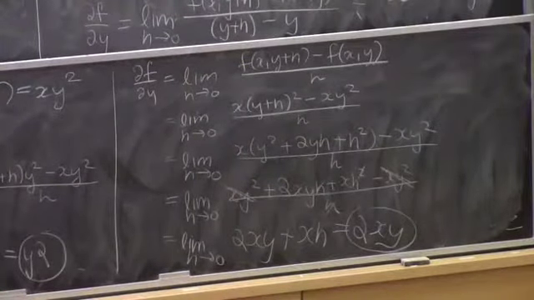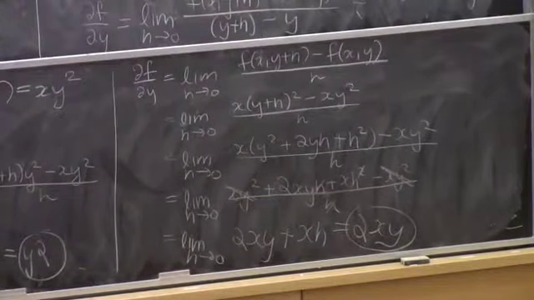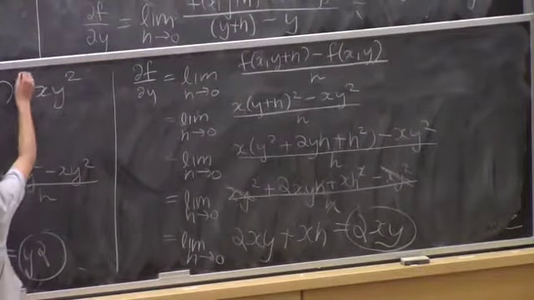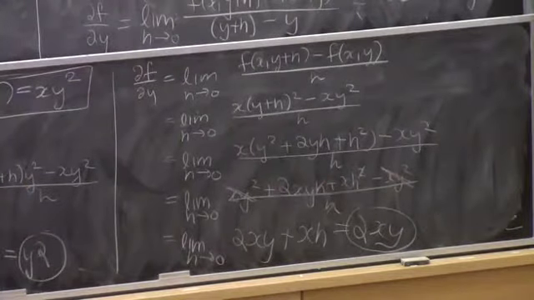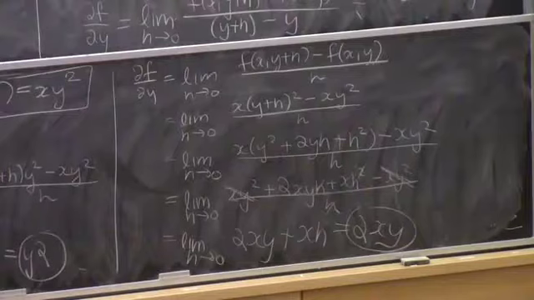Okay, so what are these guys measuring? These guys are measuring the rates of change of this function in two different directions, in the x direction and in the y direction. Okay, so we've got these functions.